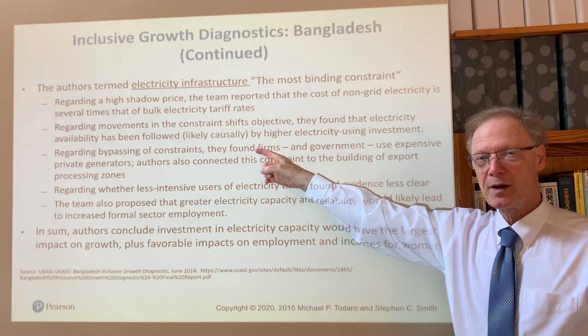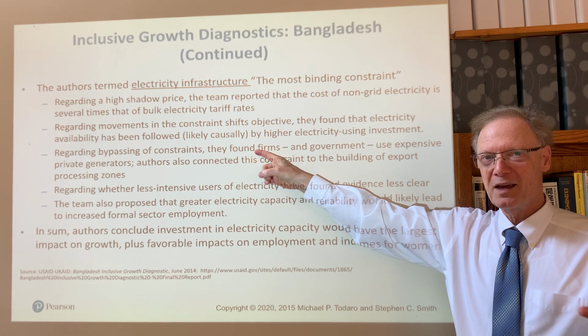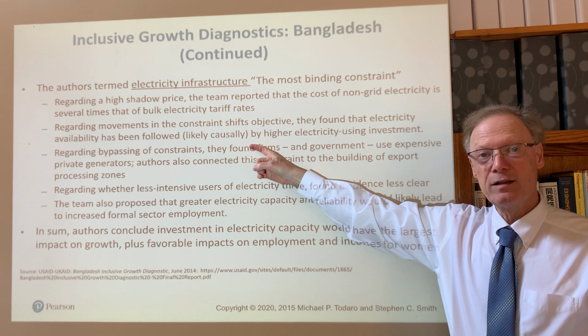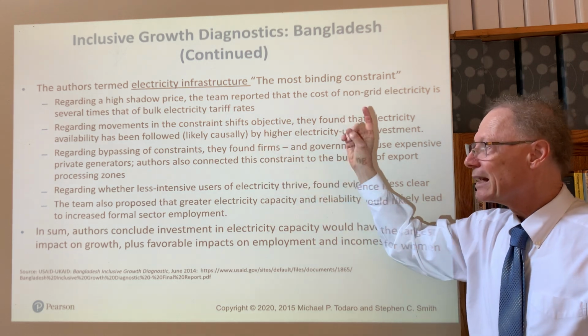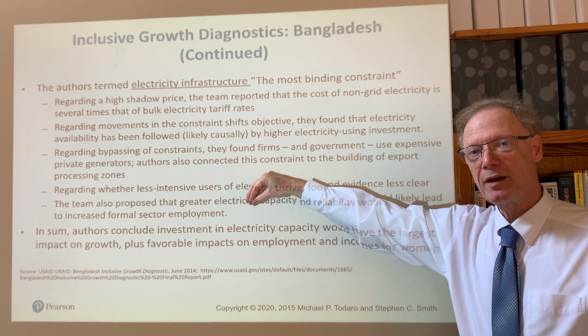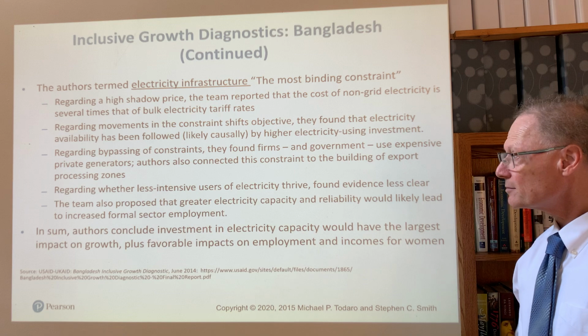Causality is always a big problem for working out in a convincing way, but they decided that it was likely causal. It was likely the fact that adding electricity availability caused subsequent electricity-using investment.